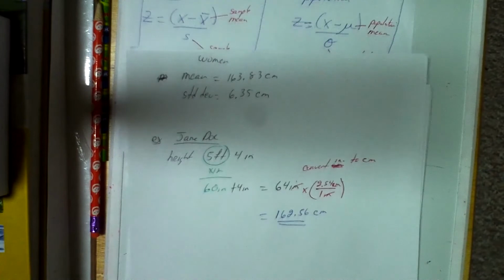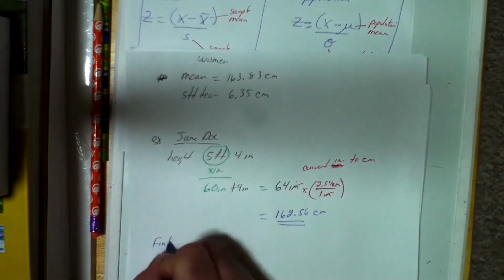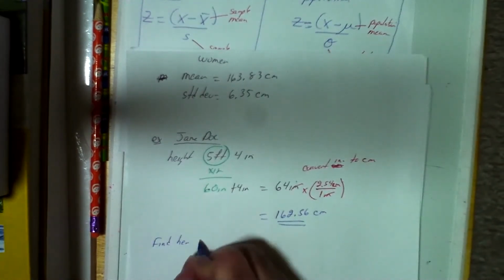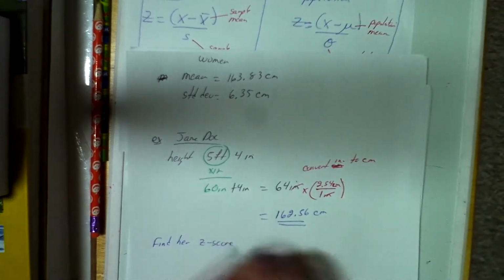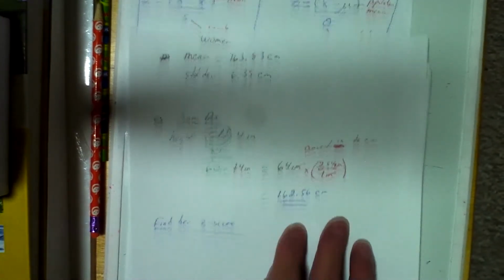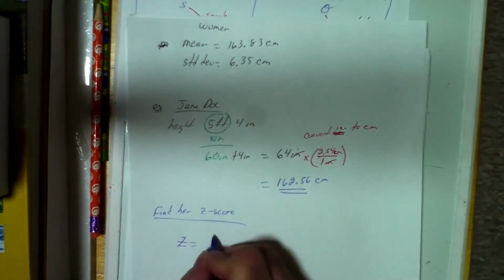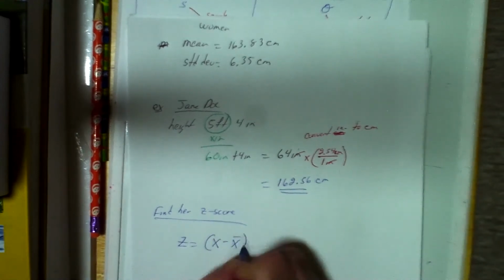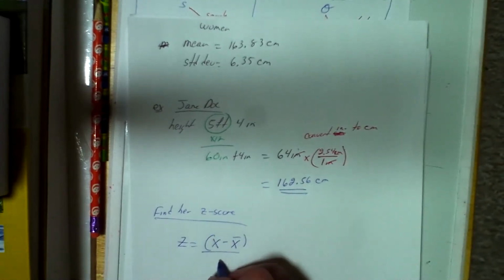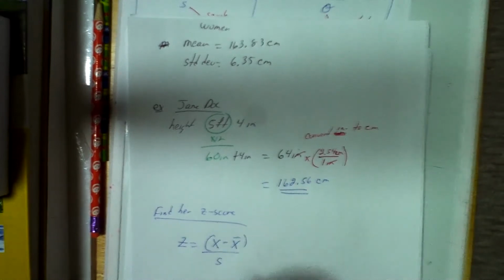So now let's find her z-score. Okay, so I'm going to use the formula z equals x minus x bar over s, or you can use the other one, doesn't matter.